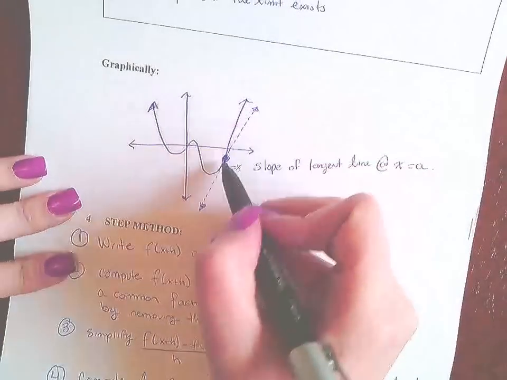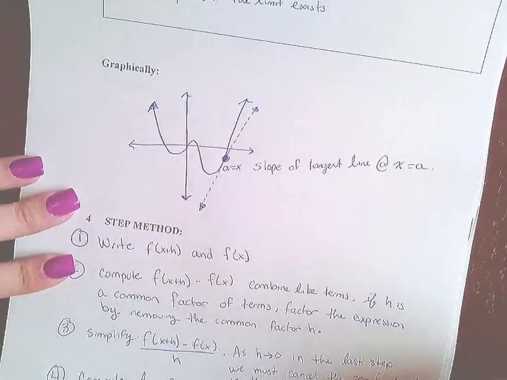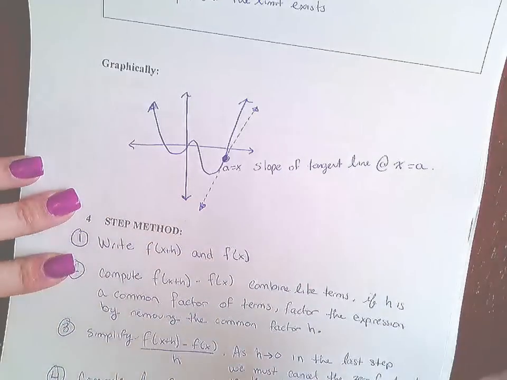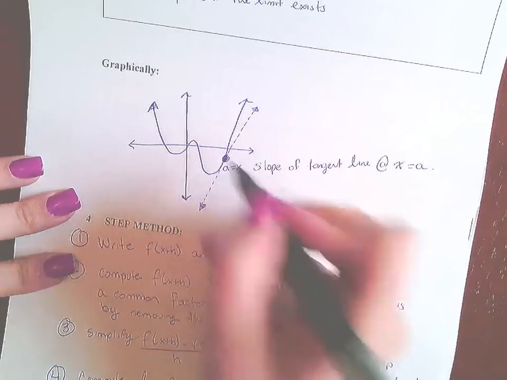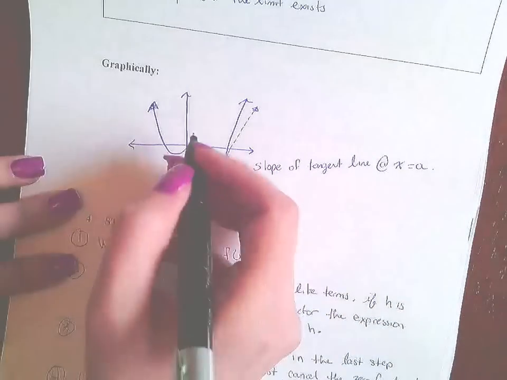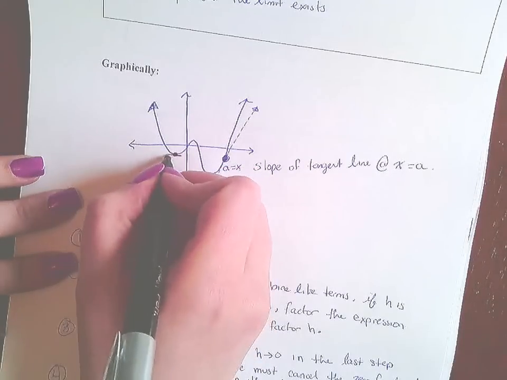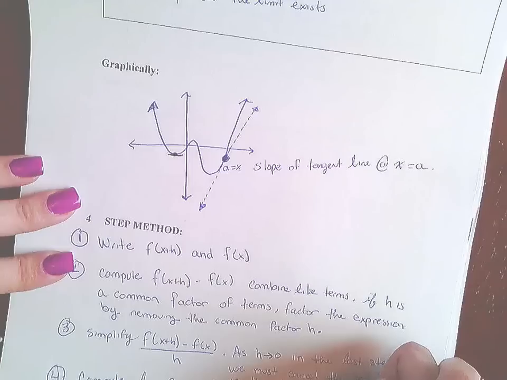Now, graphically, we remember that the tangent line is at a point. It's at one point, correct? And basically, our derivative is going to be the slope at that point, the slope of the curve at that point. So if I was to ask you, what is the slope of the curve at this point? It's 0, correct?